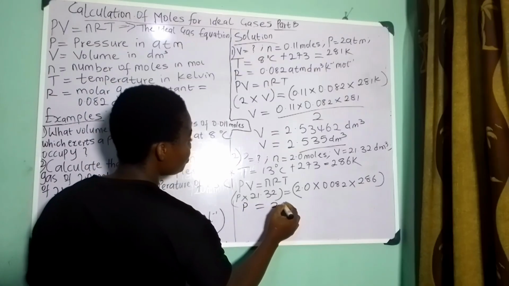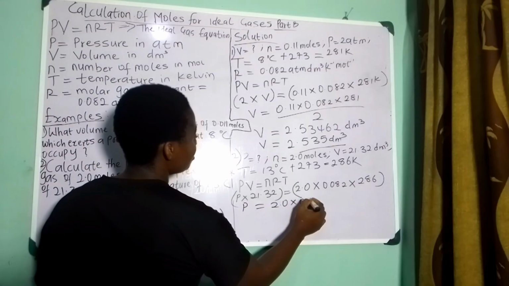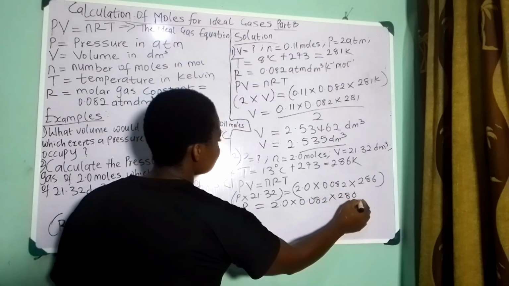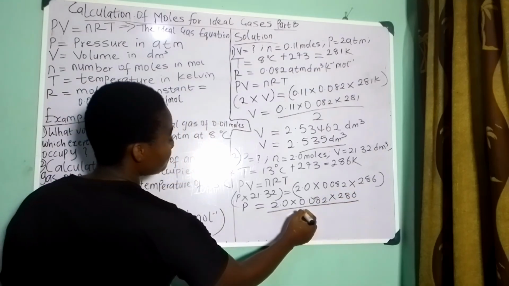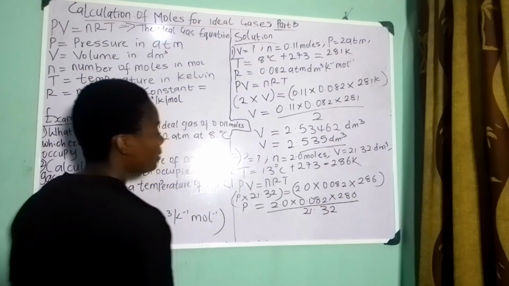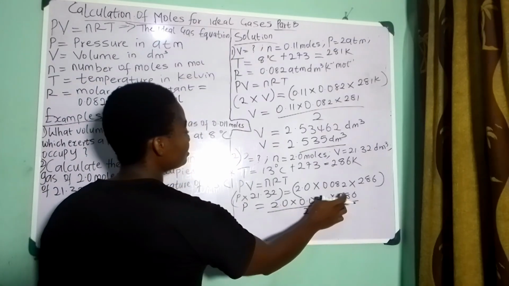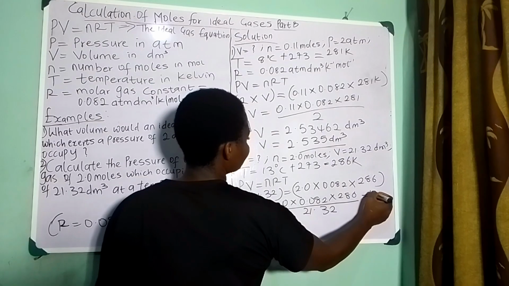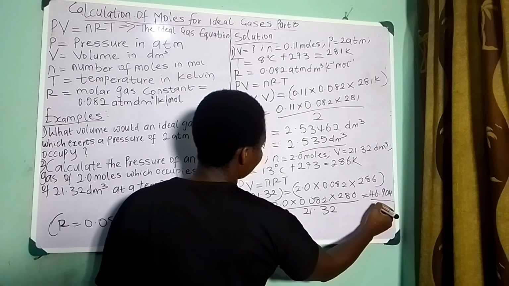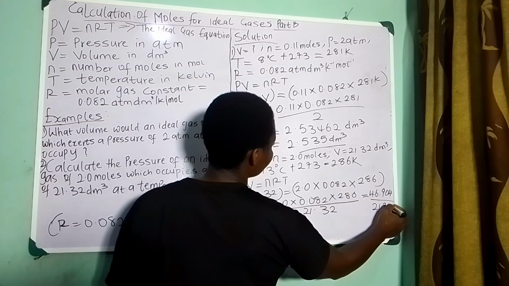Beautiful. Now you make P the subject of the formula. We have 2.0 times 0.082 times 286 divided by 21.32. Now go ahead, multiply all these things together. We'll be having 46.904 divided by 21.32.